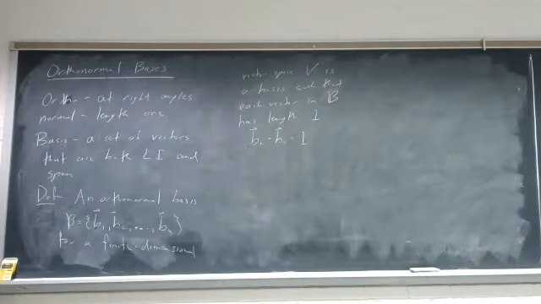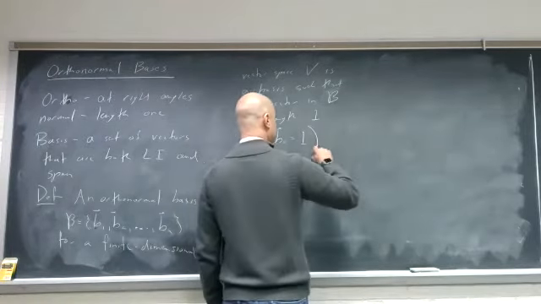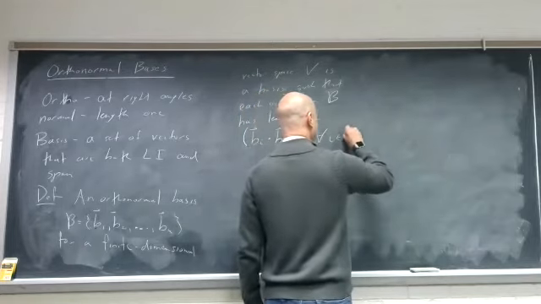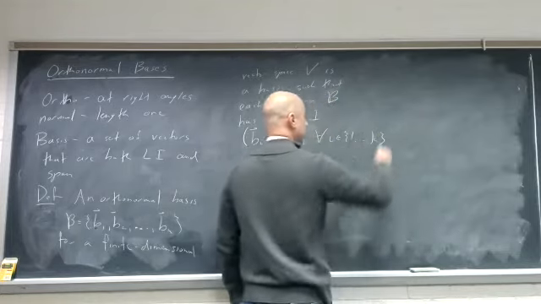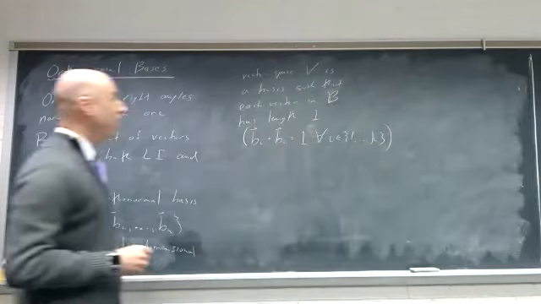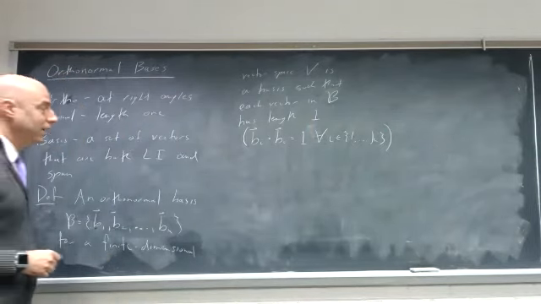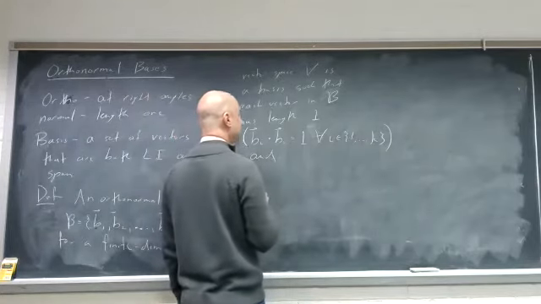So if its length is 1, then the square of its length is 1. So this is for all i between 1 and k. So the length of all the vectors in this basis are 1. And all the vectors are perpendicular to each other.